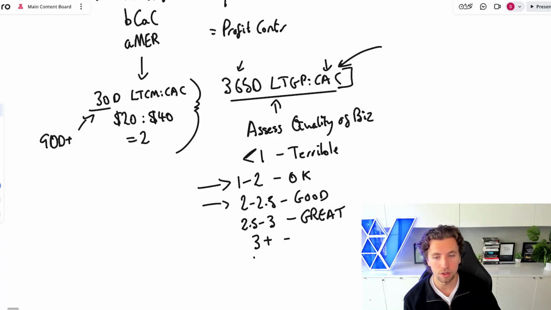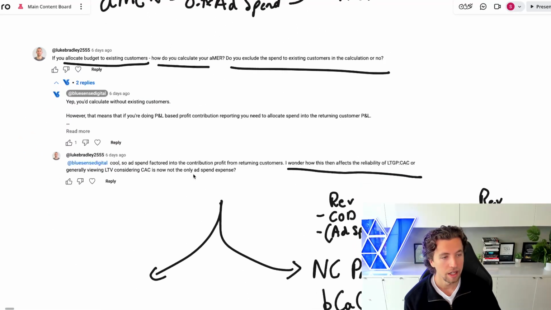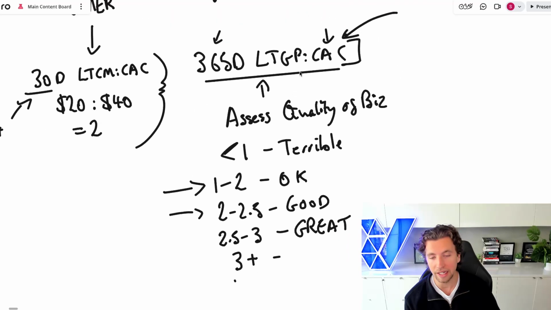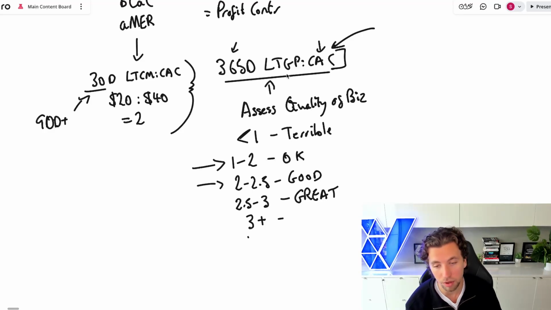And so to loop back after what's kind of derailed into a rant on this topic, how does this affect the reliability of LTGP to CAC? It doesn't. It doesn't impact it at all. Because the purpose of calculating LTGP to CAC over really long time horizons is to assess the quality of the business and index the performance of the acquisition strategy. And on this type of time horizon, just including it all, the purpose is to just assess whether the business is acquiring profitably or not.